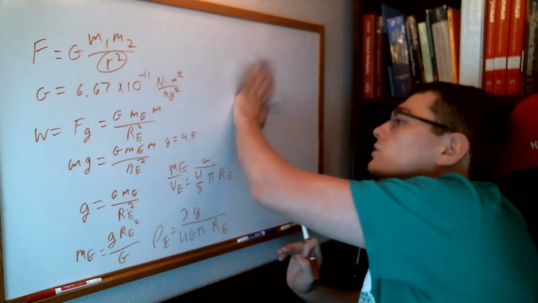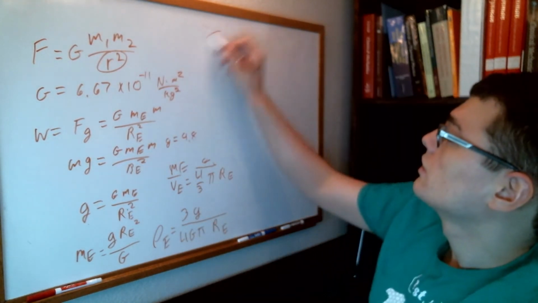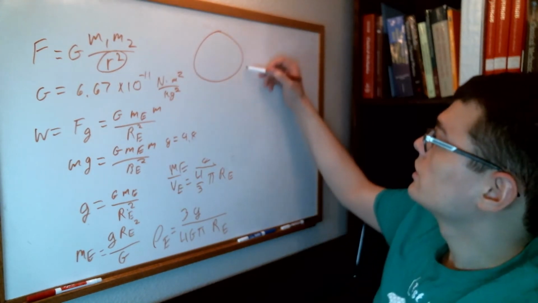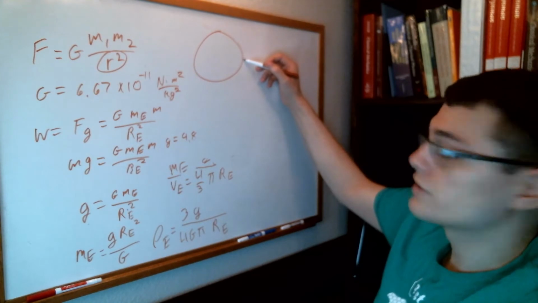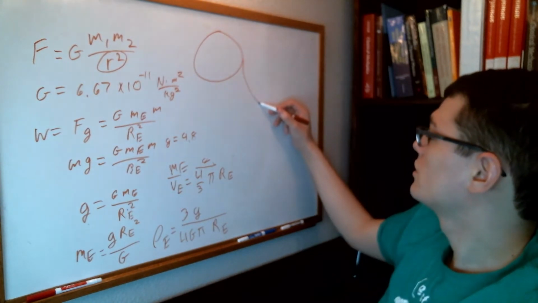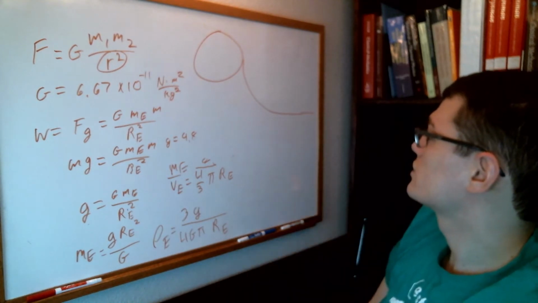So if we go off and we draw the Earth here, and then we can draw that this is going to be a force in newtons, or your weight in newtons. We can draw it like this.